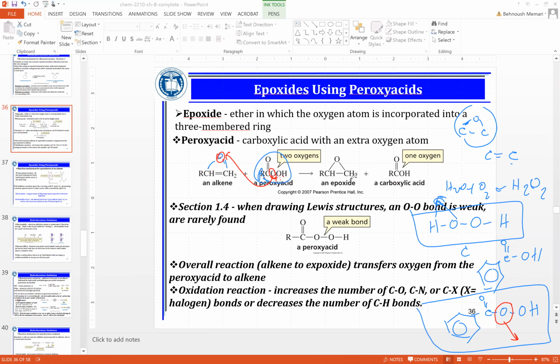This oxygen can form the triangle, and then you have your epoxide. The benefit of this is that your peroxy acid is changing to carboxylic acid. After losing the oxygen, it would be more stable. So your product with one oxygen is going to be more stable than the reactant that you had with two oxygens. It benefits the reaction because the bond between the two oxygens in a peroxy acid is a very weak bond, just like in hydrogen peroxide that I had here as an example.